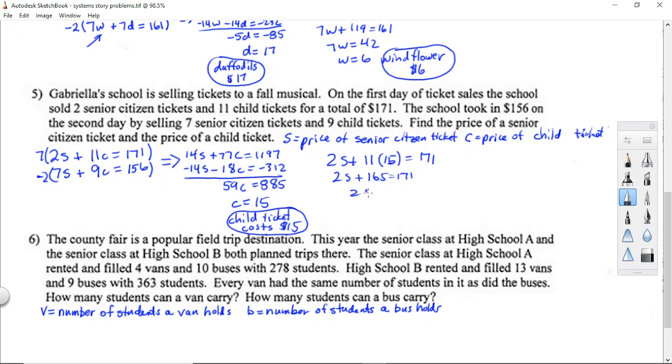Subtract 165 from both sides, and you get 2s equals 6. And divide both sides by 2. s equals 3. Man, those senior citizens get off cheap. Only costs $3 for a senior citizen ticket.